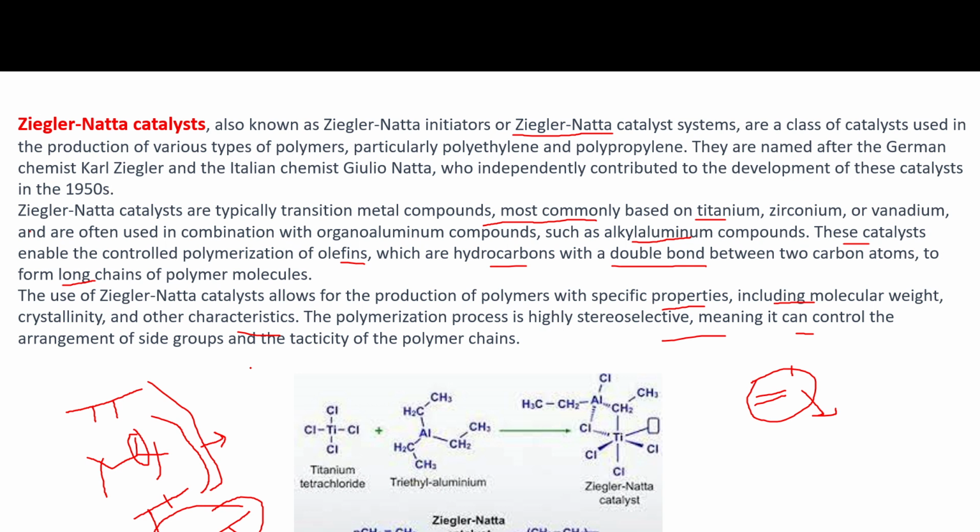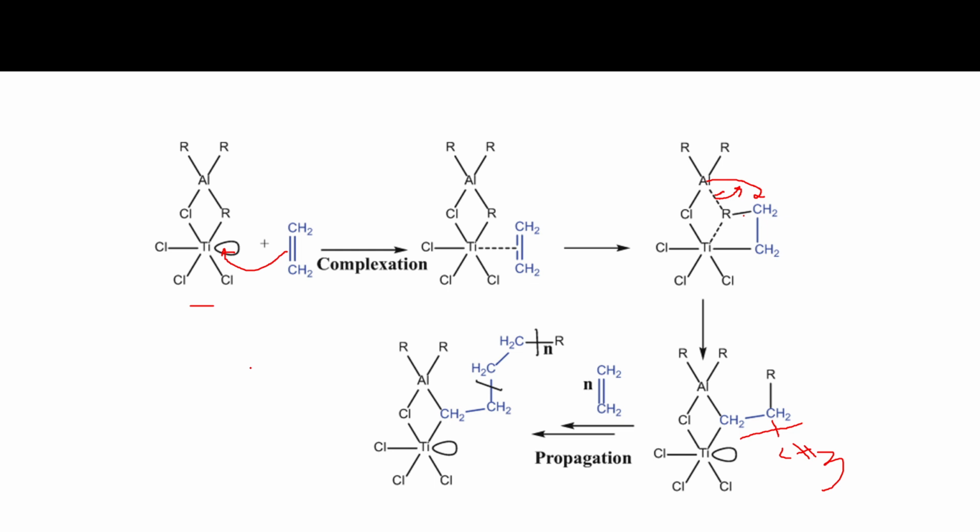So what is the catalyst system? This catalyst system uses a titanium, zirconium or vanadium based chloride with aluminum ethyl or an organoaluminum compound. How does this catalyst reaction go on? When a titanium and aluminum metal complex is formed, a vacant site is created on the titanium metal.